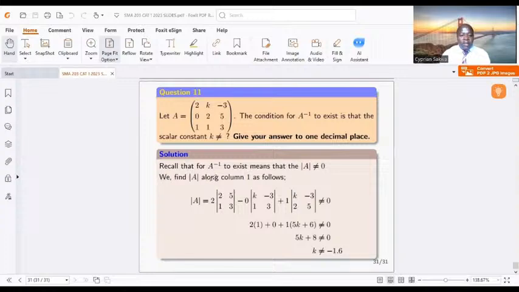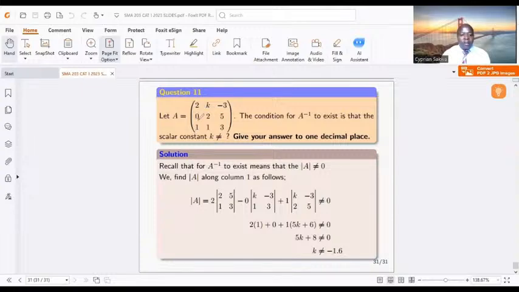So we find this determinant along column 1, and we know how to do it. 2 times the determinant of the matrix that remains when you delete the first row and first column. Then I'm doing it along the first column because the first entry was a 0, so that would make my life easier.